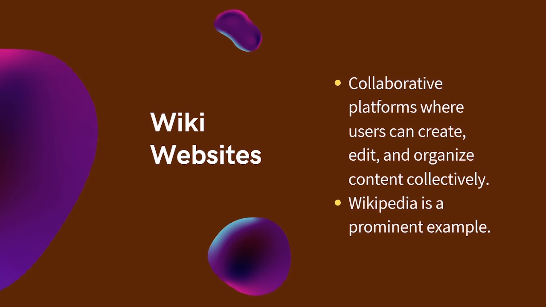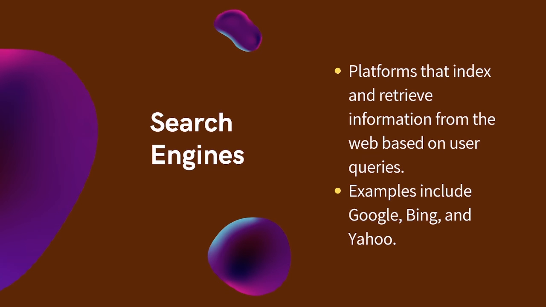Then we have wiki websites. These are collaborative platforms where users can create, edit, and organize content collectively. A typical example is Wikipedia. Then search engines. You are aware of search engines, the platforms that index and retrieve information from the web based on user queries.